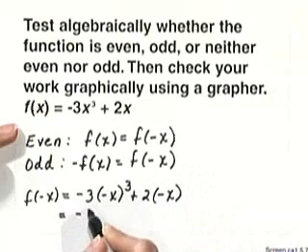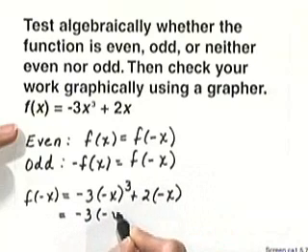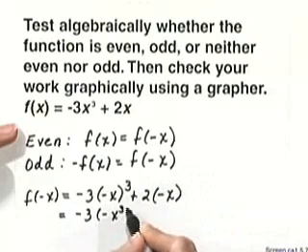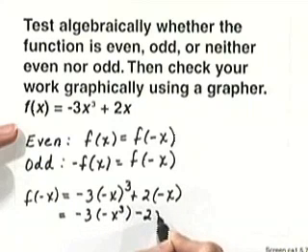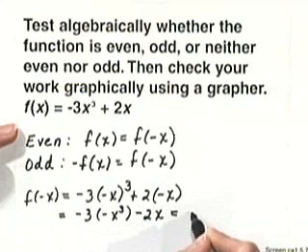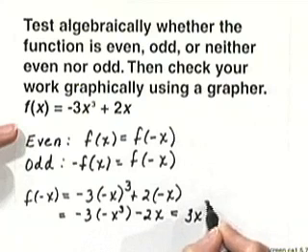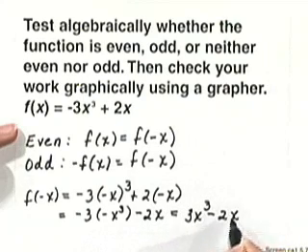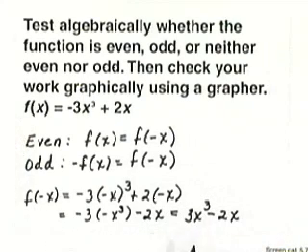So we have negative 3 times negative x cubed minus 2x, and that equals 3x cubed minus 2x. So f of the opposite of x equals 3x cubed minus 2x. Let me just rewrite that here.